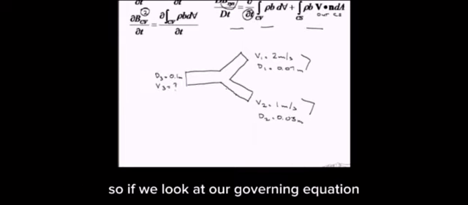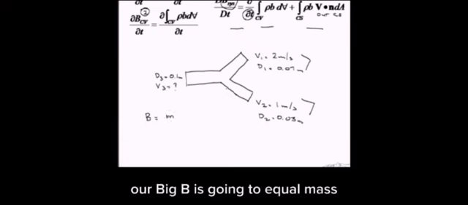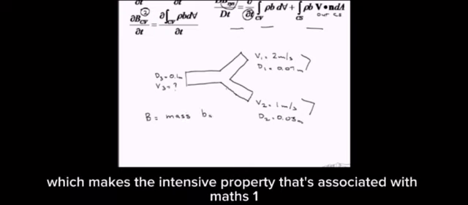So if we look at our governing equation, the first thing that we see is that since this particular problem is a conservation of mass problem, our big B is going to equal mass, which makes the intensive property associated with it, little b, equal to 1.